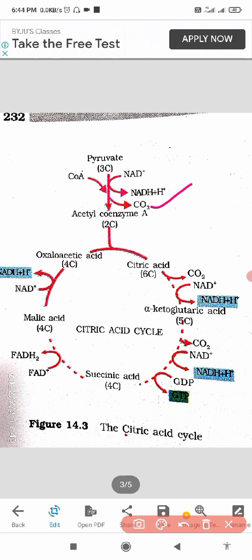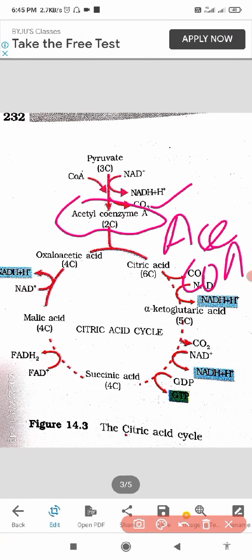Simultaneously, coenzyme A is added to the pyruvate molecule, and acetyl coenzyme A, in short ACoA, is formed as a result of the action of CoA and NAD plus, with the release of carbon dioxide.